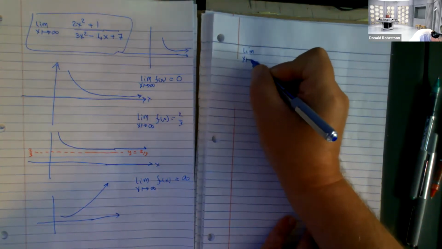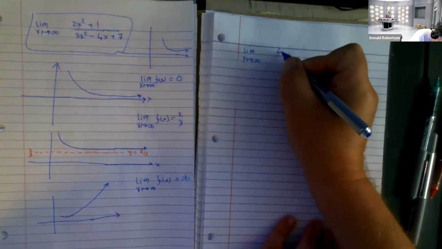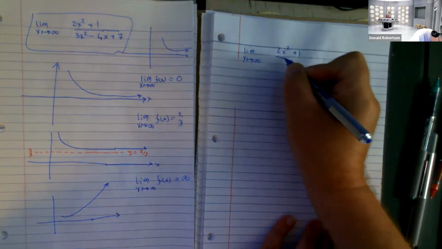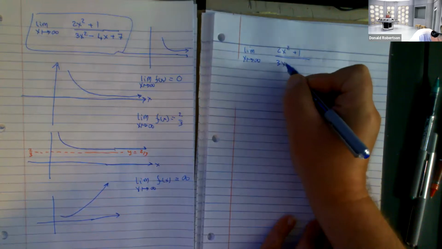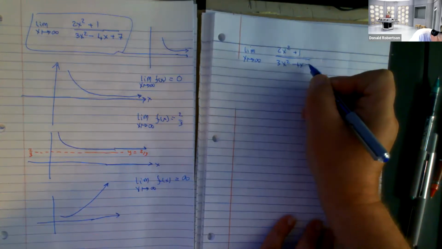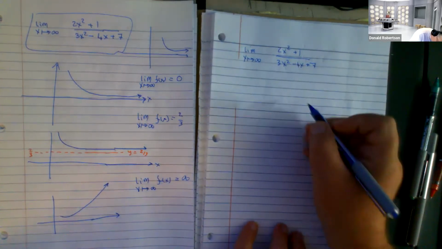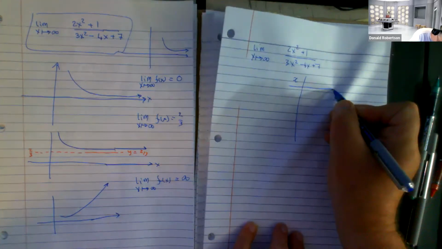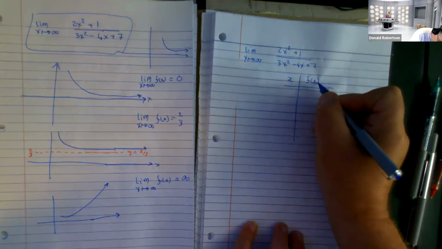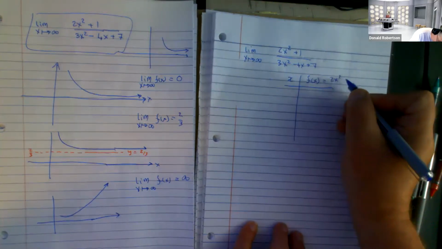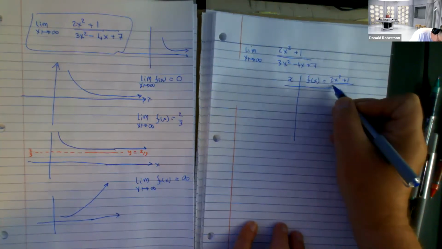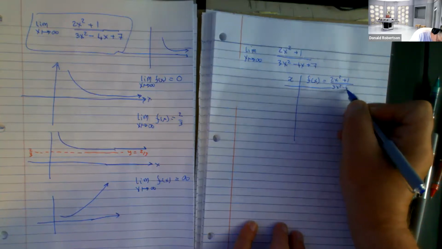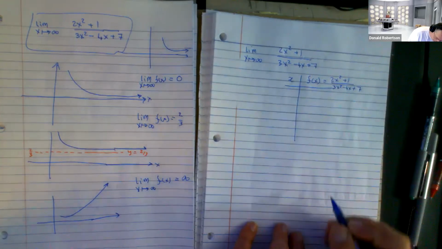The limit as x tends to plus infinity of (2x squared plus 1) over (3x squared take away 4x plus 7). If I was interested in finding what that limit is, I could simply do a numerical estimate of it using a table of values.